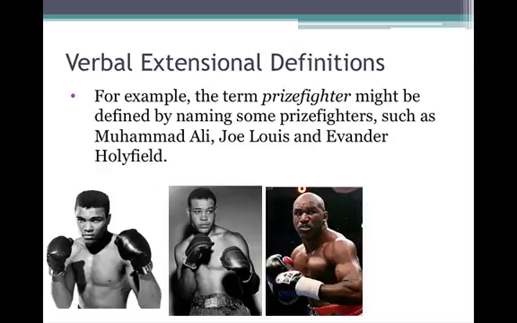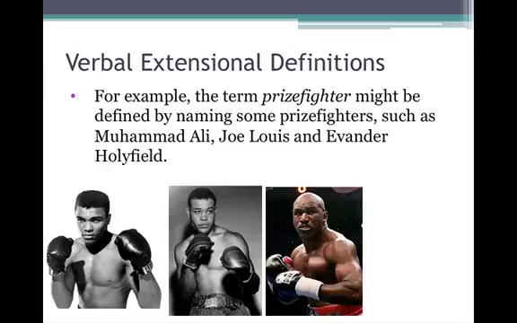Of course, a limit to extensional definitions, either verbal or nonverbal, is that someone might think there are certain traits that are required to fit the definition that aren't actually part of the definition, based on the objects that you picked out.